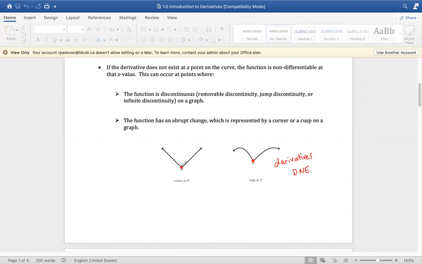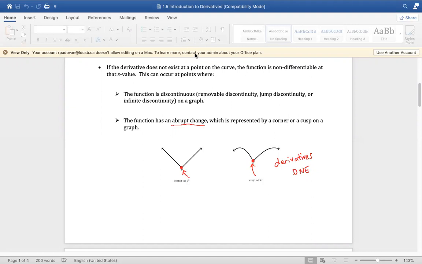I'm just talking about at that corner and at that cusp where there's an abrupt change, the derivatives will not exist. So these are continuous functions. However, the graph is non-differentiable just at these points, even though they are continuous functions. So there's an example of a continuous function and a point on it where it's non-differentiable, and then also if it's discontinuous.